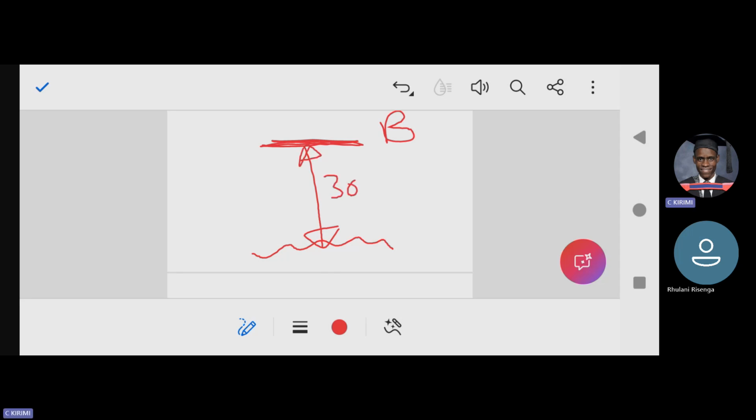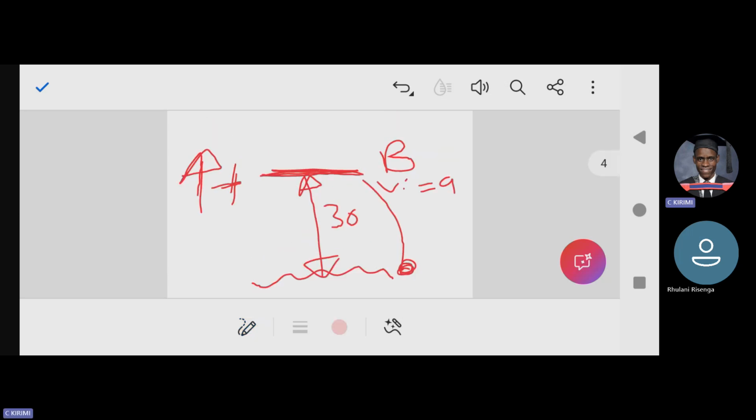And your VI, we said it's 9 meters per second. But in this situation, we are taking upwards as positive. Up is positive in this scenario. So if up is positive and this ball is being thrown downwards with a velocity of 9 meters per second.